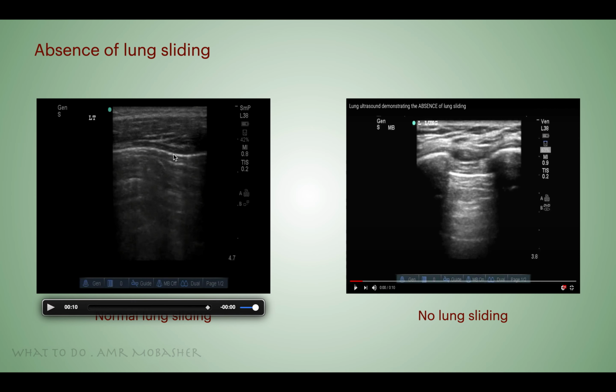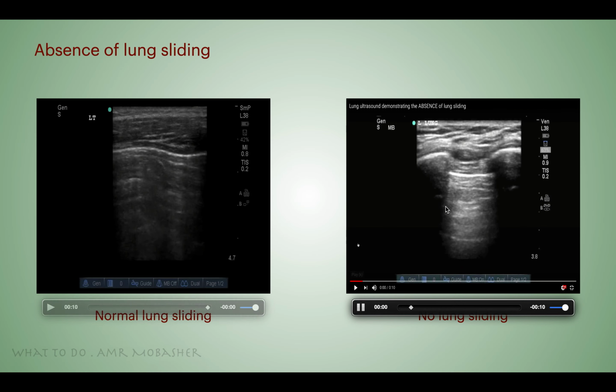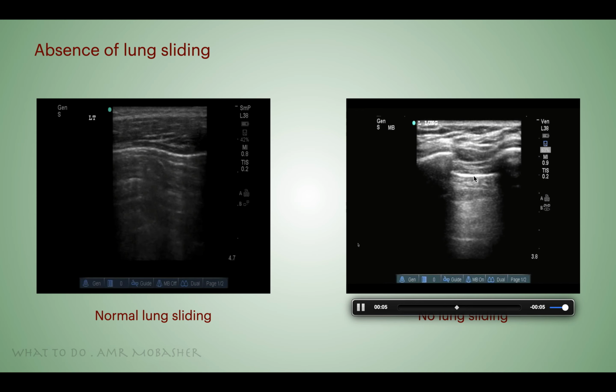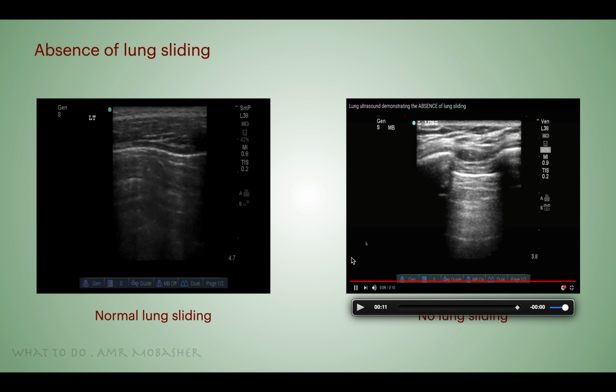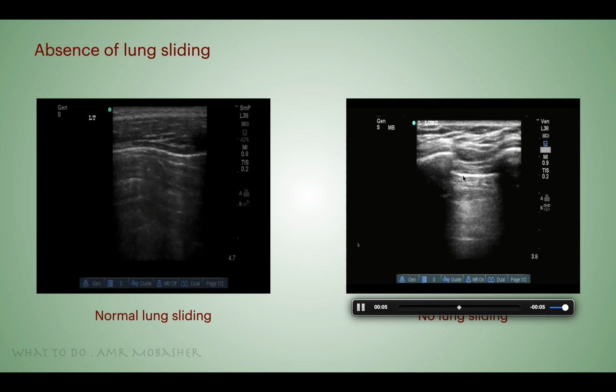In pneumothorax, there is air collection between the parietal and the visceral layers of the pleura, so there will be no sliding anymore, like this. This is the pleural line, see? It's not dancing. Fixed. Don't be confused with the movement of the whole chest wall, but look at the line itself. It's not sliding.